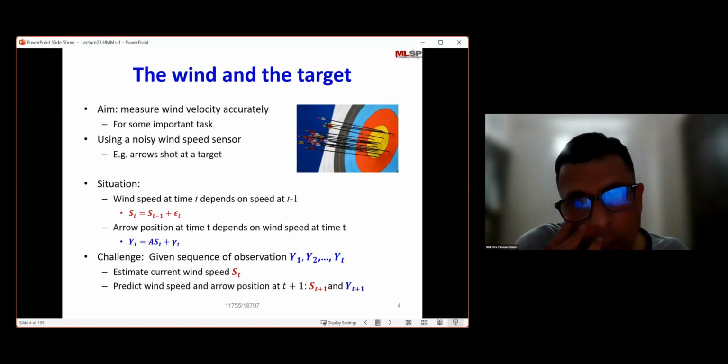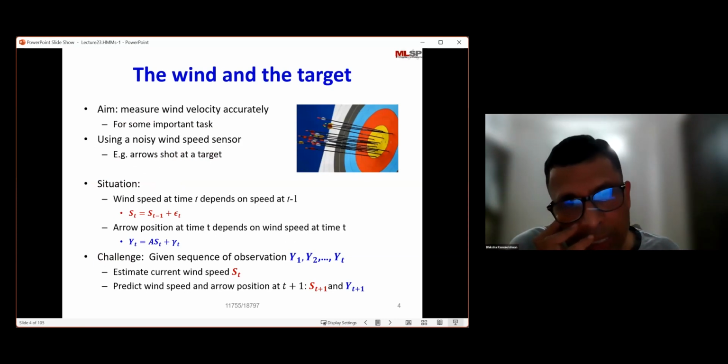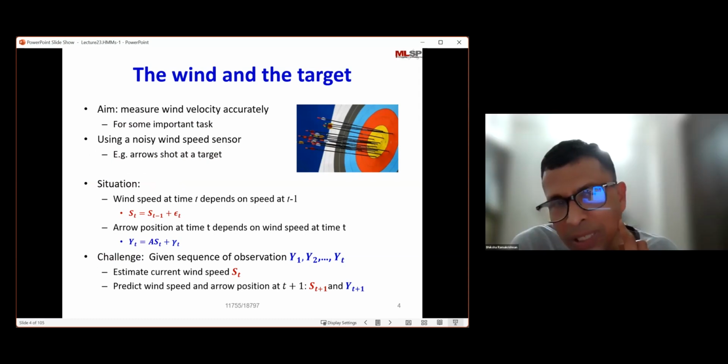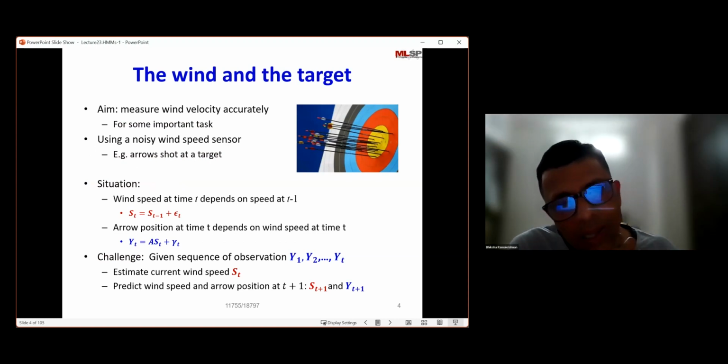Before that, we've seen this problem in earlier lectures. Anybody remember this? This must have come up in an earlier lecture. Time series prediction? No? Okay.